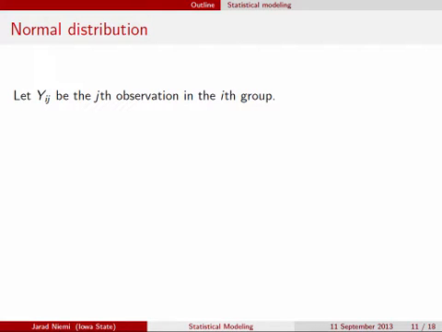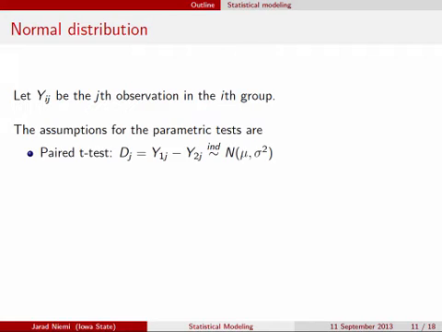Okay? So then, here are the assumptions for the three parametric tests that I listed on the last slide. So the first one is the paired t-test. Well, if the data are paired, right, the first thing that we do is we take the difference within each pair between the two groups. So this is not the kind of data that we have here because the data are not paired. But you had, for example, the unaffected and affected populations, I think in one of the case studies, right?